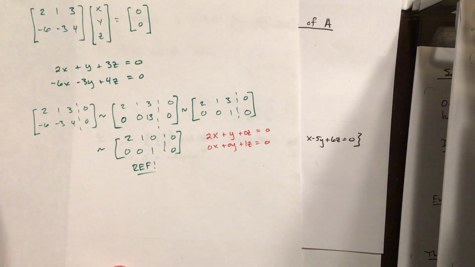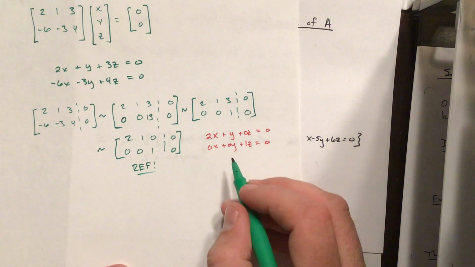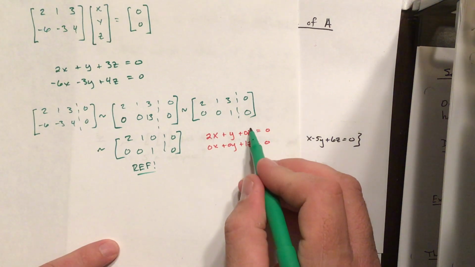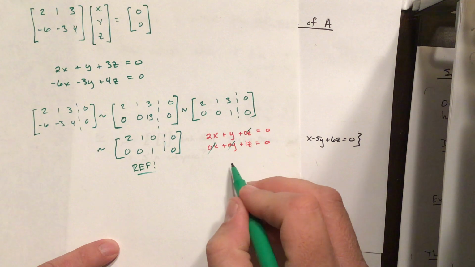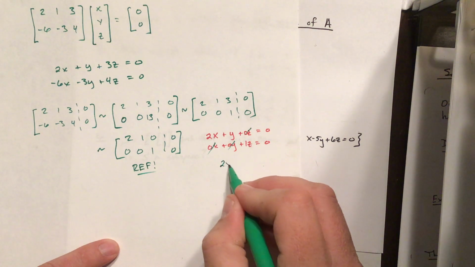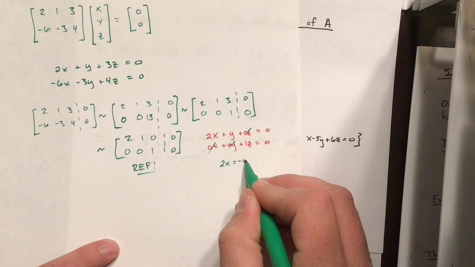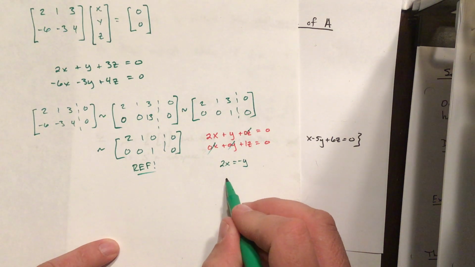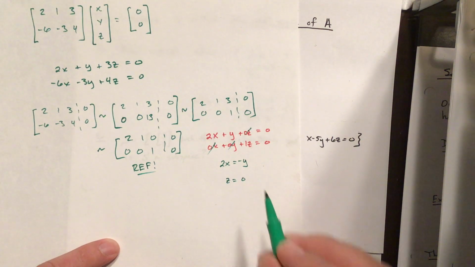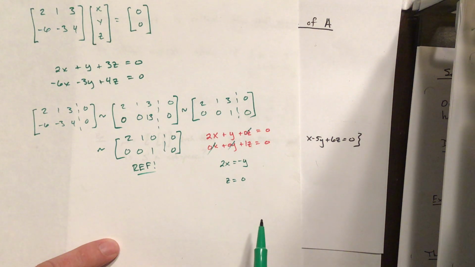Well, there's a couple things I can conclude. I can say that 2x is equal to -y. I can say that z is equal to 0, and y can be anything it pleases.